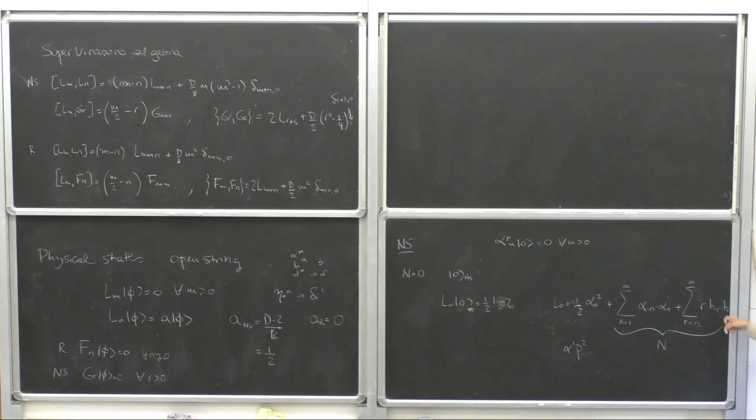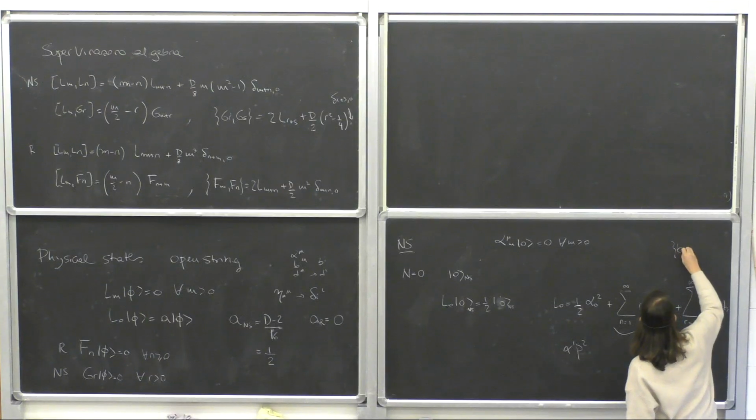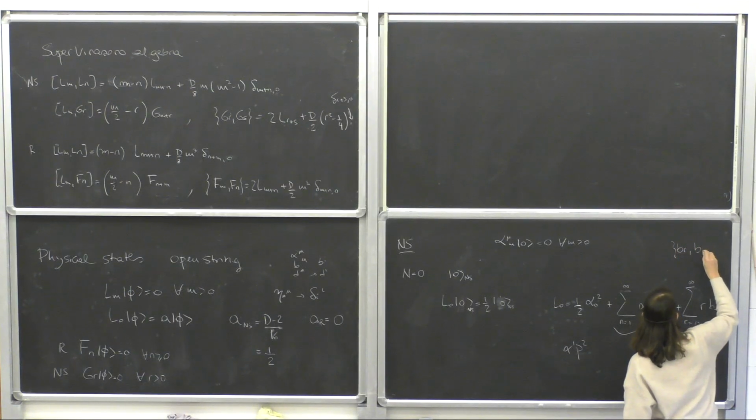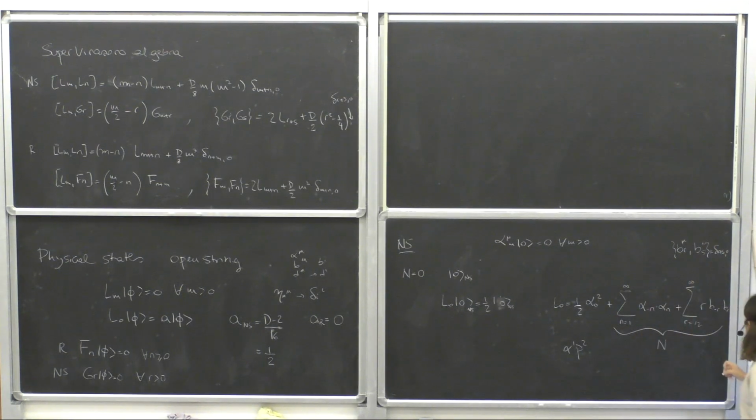And in the anti-commutation relation, b_r with b_s is equal to delta_{r+s,0} eta mu nu. Since here there is no r, it's important that this r appears here, because that will really count the level.